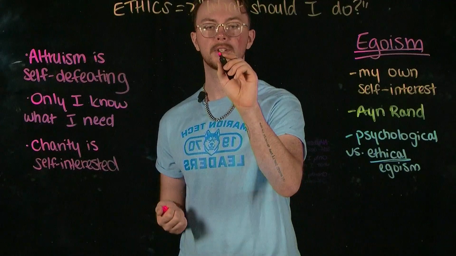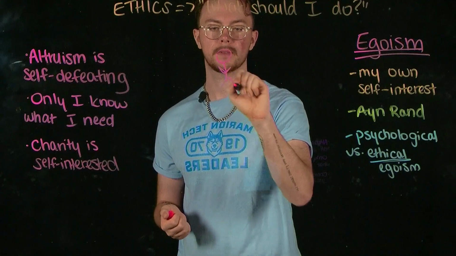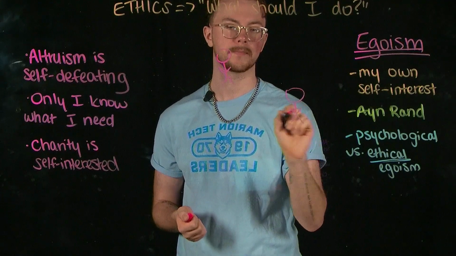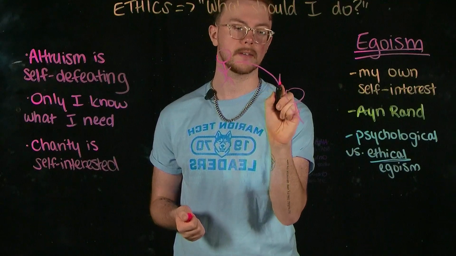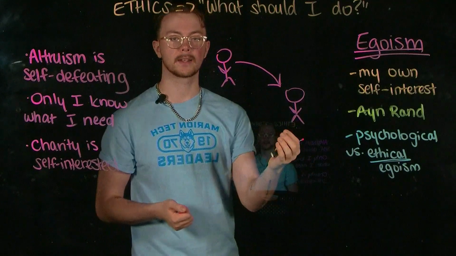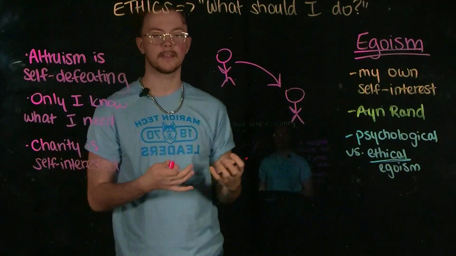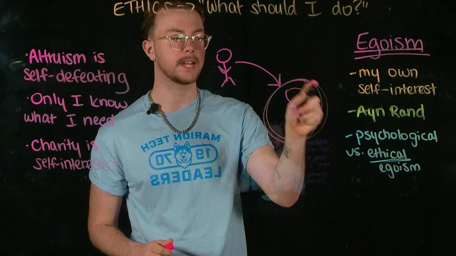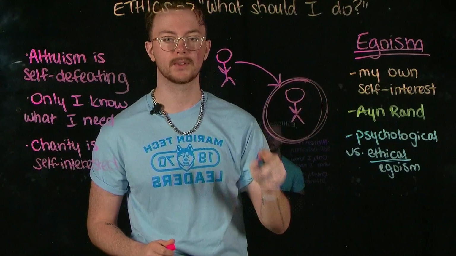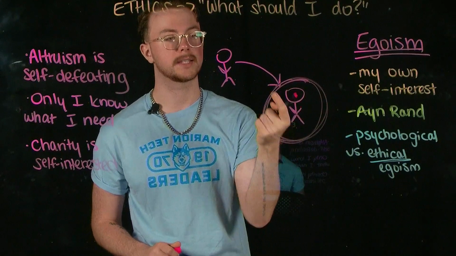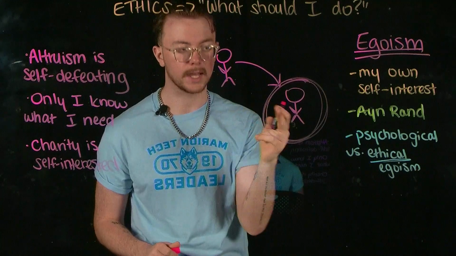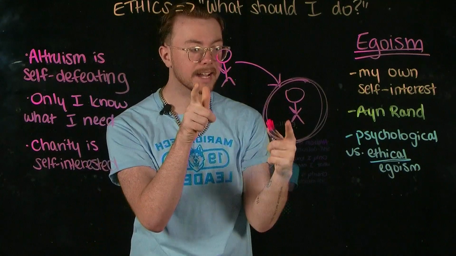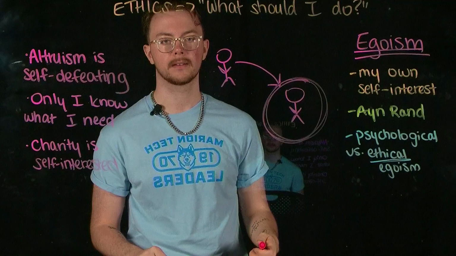The relationship of charity, then, if this is you and this is the person you're giving charity to, is you are giving them something and now suddenly they depend on you. They are less human, they're less of an agent, they have less of an ability to pursue whatever it is they want to pursue because they depend on you, the person who gave them charity. This act is always degrading, right?